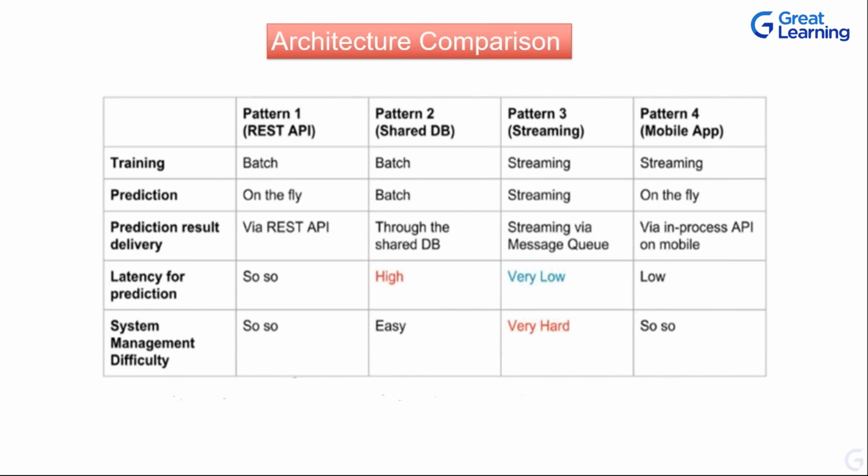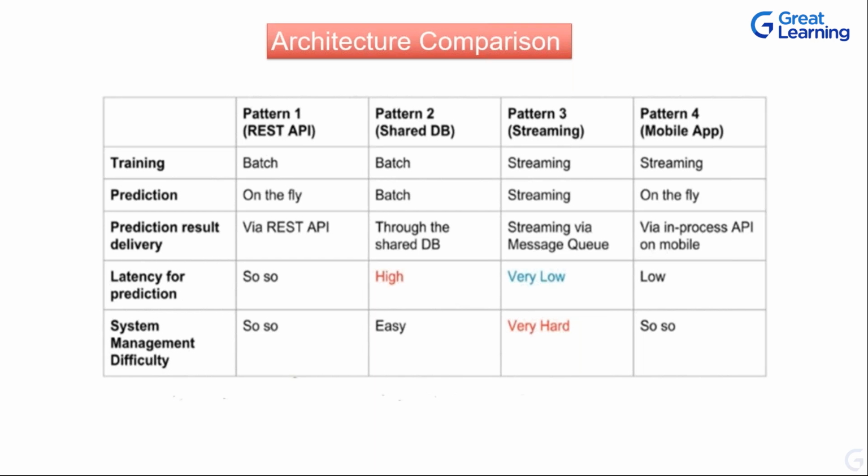So what happens is you train the model in a batch, which means I have pulled out the historical data already available and the model is trained, right? Then I use the trained model and on the fly I do a prediction for a new value which comes in. The results are delivered through an API call itself.